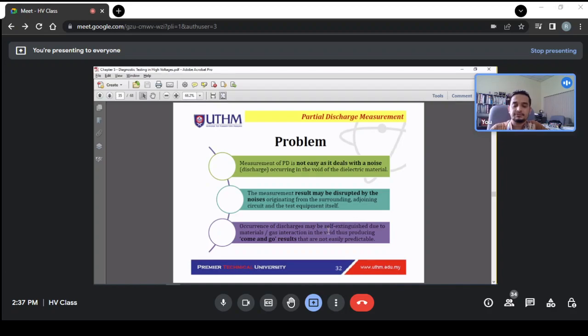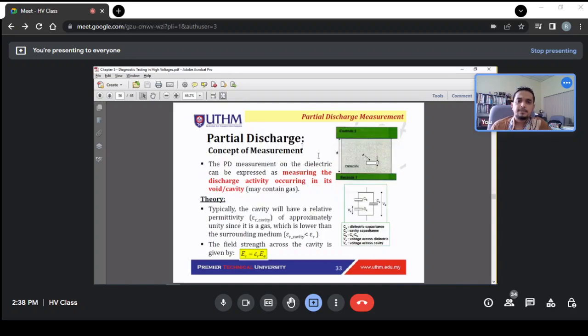So it's a great challenge for us to detect whether this is really a partial discharge that causes a problem to the high voltage insulation, or noise, or is it a good insulator. So these are among the big challenges for the researcher dealing with partial discharge.